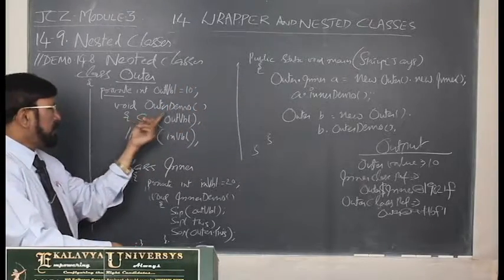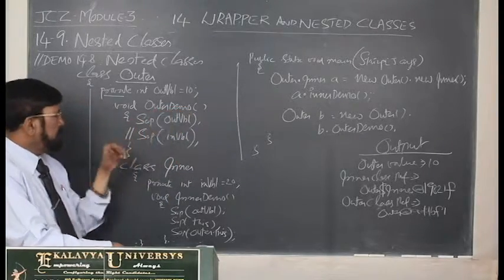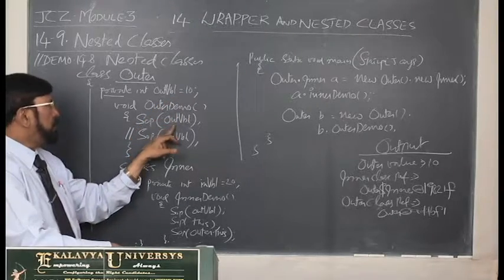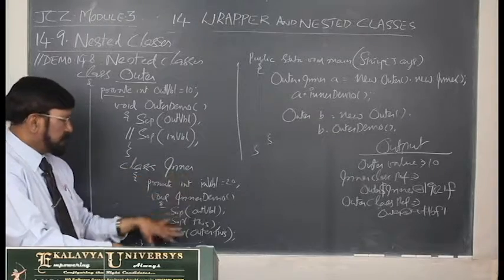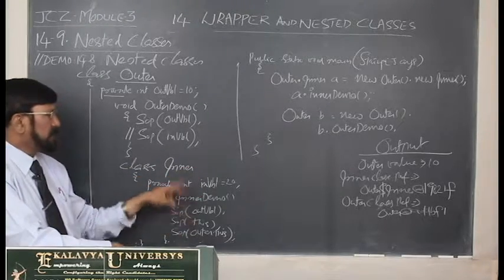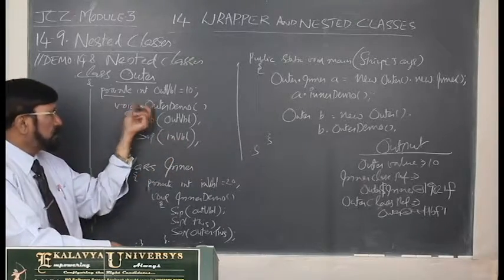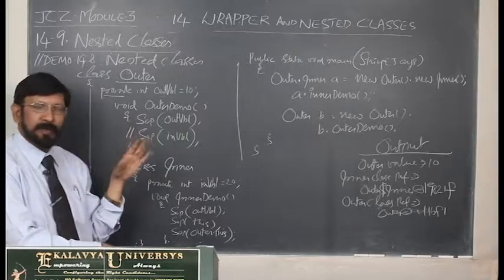Thereafter one method I have written, an instance method. In that I am writing this outVariable value, and thereafter I have defined one inner class, and here the inner class variable also I want to write from the outer class demo, but I commented it out.